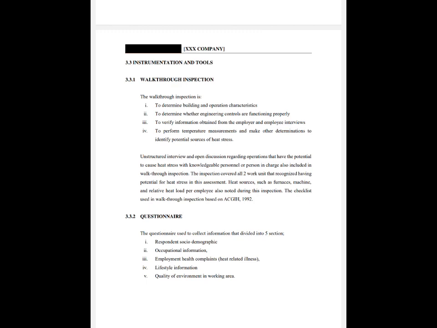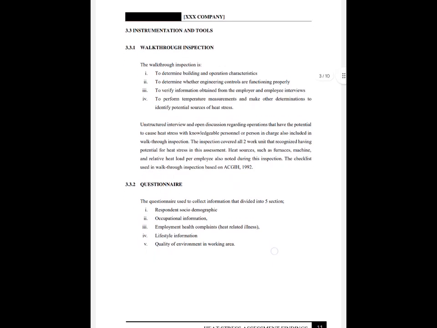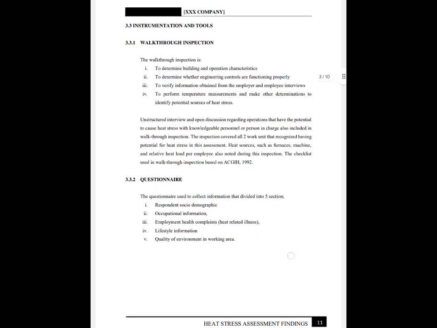And then for the questionnaire part, we can see a few questions being asked, such as social demographic, occupational information, employment, heat complaint, lifestyle information, and quality of environment in the working area. So I believe these 5 sections are to collect information so that later on we can relate it with the results of this assessment.